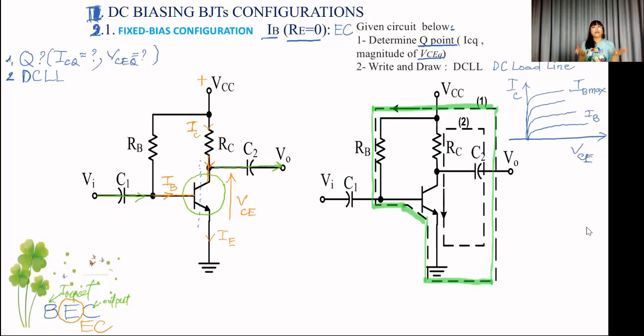And for this, what are we doing now? You should remember, given the circuit below. First question, determine key points. It means if you define this circuit as common emitter, and you can see every circuit is common emitter, and common base we only read for understanding.